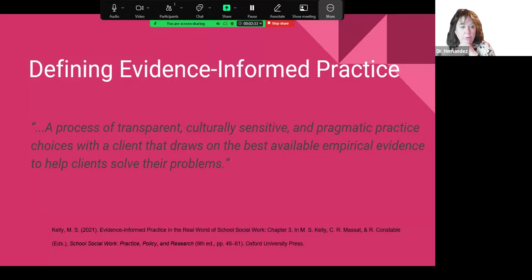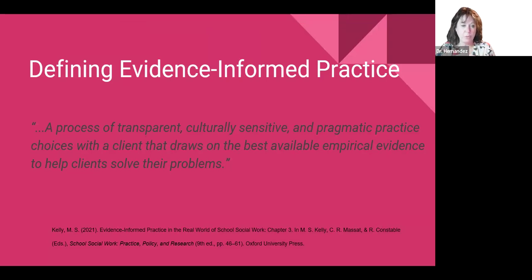In chapter 3 of our book, the author defines evidence-informed practice as a process of transparent, culturally sensitive, and pragmatic practice choices with a client that draws on the best available empirical evidence to help clients solve their problems.